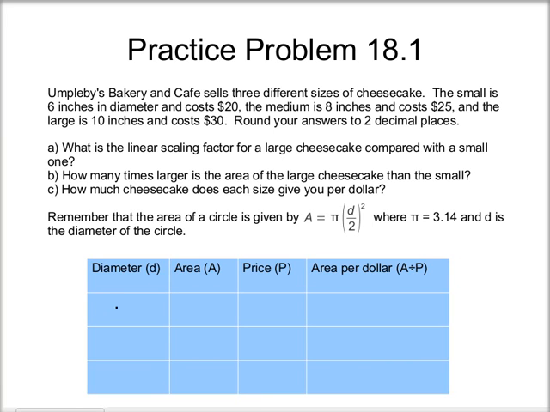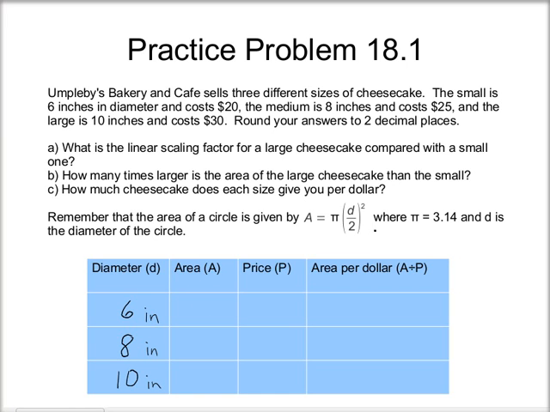So in my chart, I'm going to put my diameter for my different sizes of cheesecake. The small has a 6-inch diameter, medium is 8, and large is 10, and this is in inches.